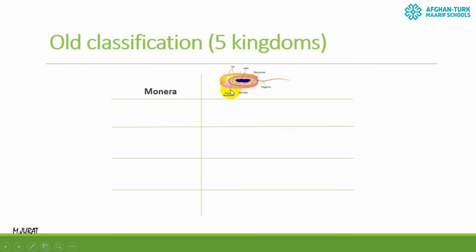It means they had a primitive cell without any nucleus and other organelles, so they were unicellular and prokaryotic, and their examples were archaea and bacteria. The second kingdom, Kingdom Protista, had eukaryotic cells, and mostly they were unicellular, but sometimes they could live as multicellular as well.